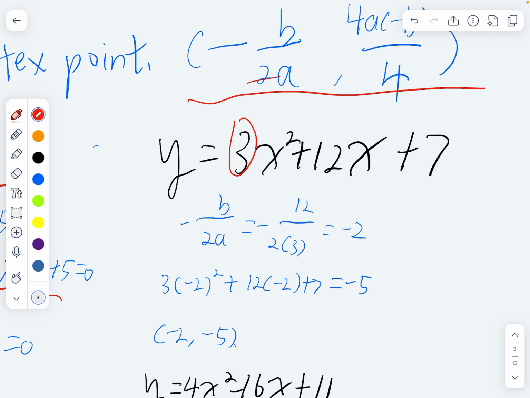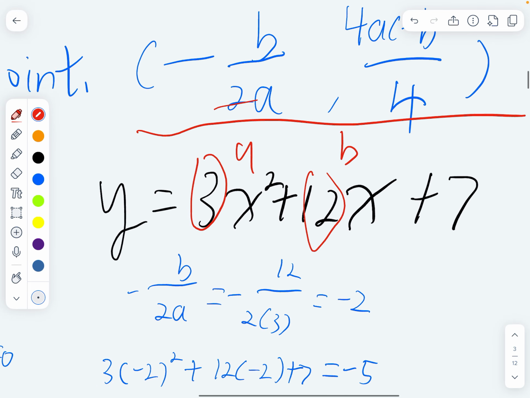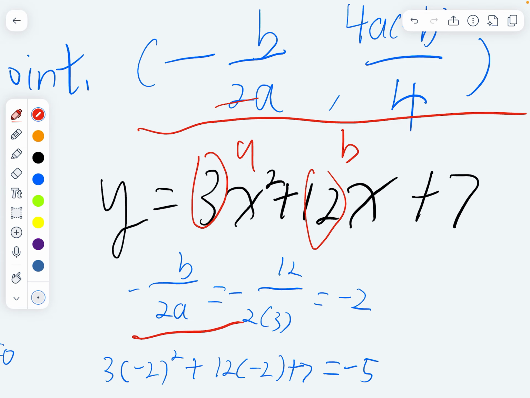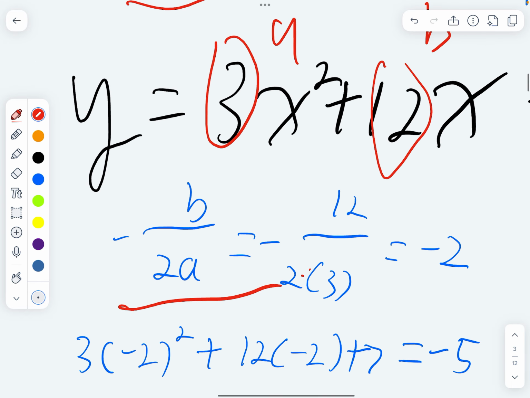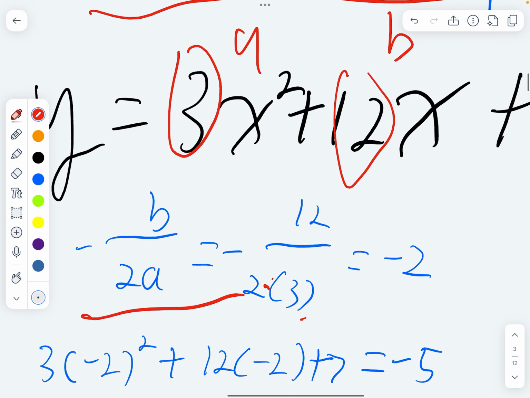The second way is to use the formula. Here a is 3 and b is 12. So we can easily write negative b over 2 times a. We apply a and b here, so it's equal to negative 12 over 2 times 3. So we get negative 2.